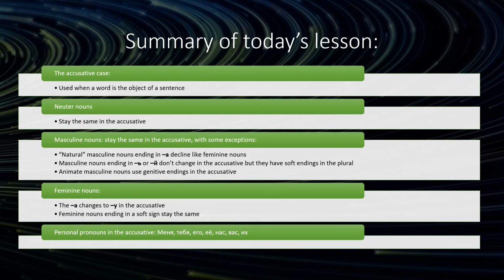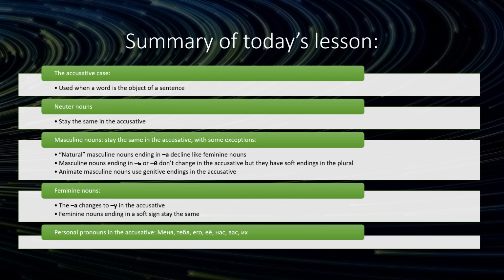Here is just a quick overview of what we've gone through today. So today we learned that the accusative case is used when a word is the object of a sentence. We learned that neuter nouns stay the same in the accusative. We learned that masculine nouns generally stay the same in the accusative with a few exceptions. So natural masculine nouns ending in "a" decline like feminine nouns.